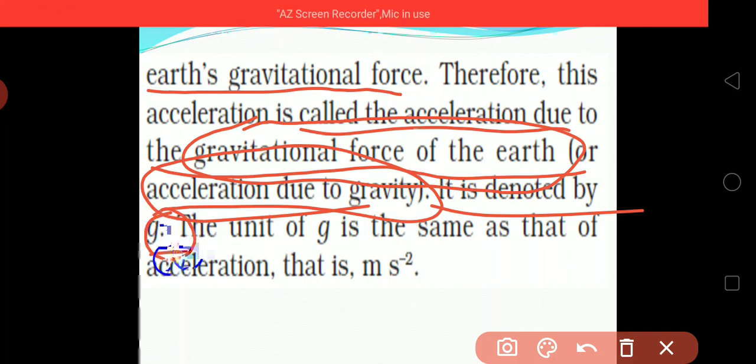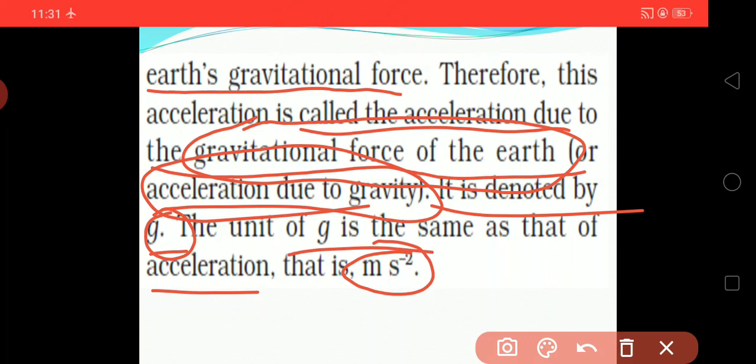The unit of small g is the same as that of acceleration. We know the acceleration unit, meter per second square. So here small g will also be meter per second square only. There is no change of unit.